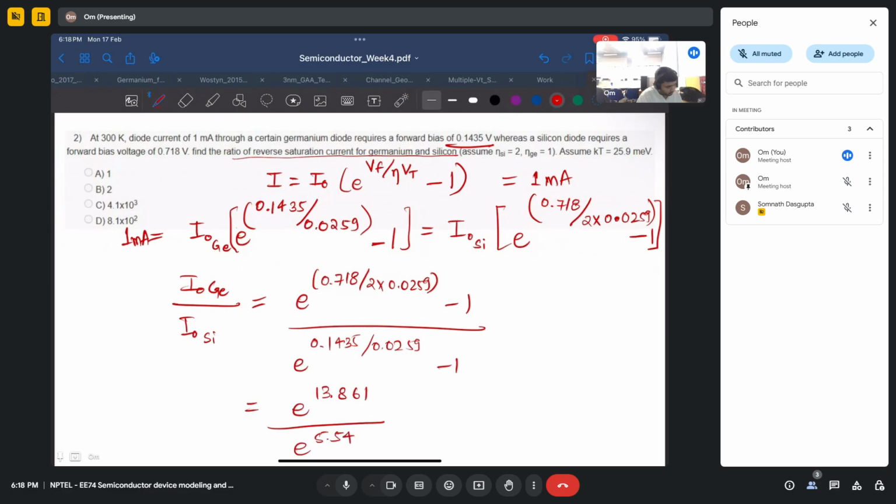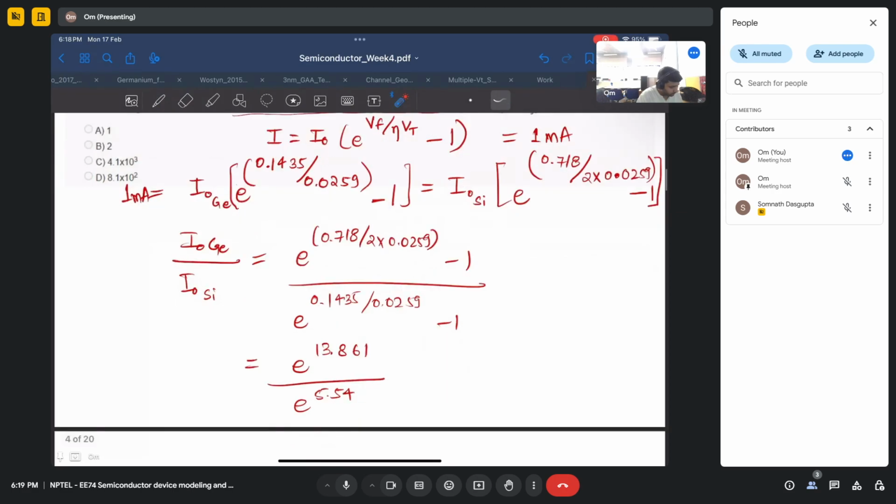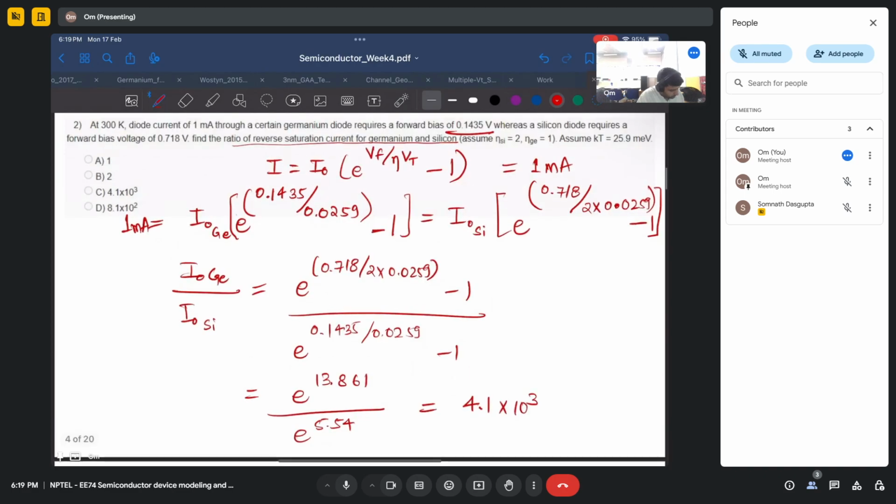The minus 1 we can ignore because e to the power 13 and e to the power 5 are much larger numbers than this minus 1. So when I solve this, it will come out to be 4.1 into 10 to the power 3. This is I0 Ge by I0 Si.